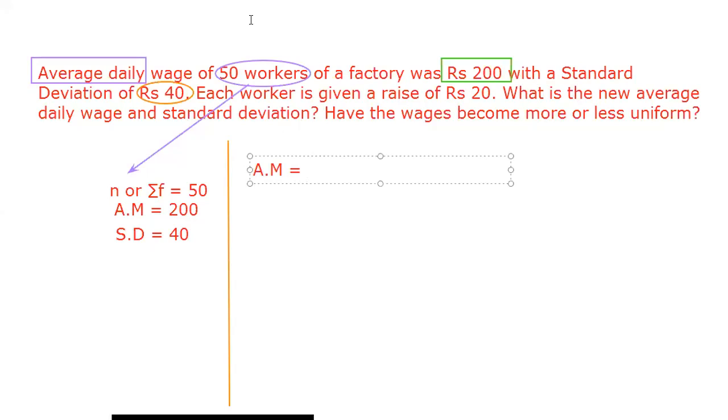Yes or no? Yes, sir. So the arithmetic mean is equal to sigma x divided by small n. Here what is our sigma x? Sigma f only, no sir, what more? Sigma fx.